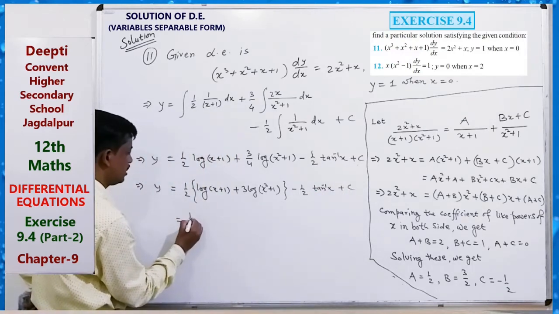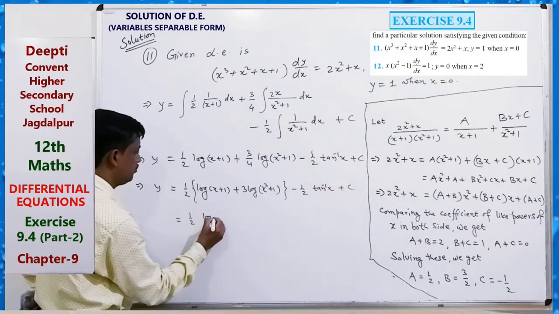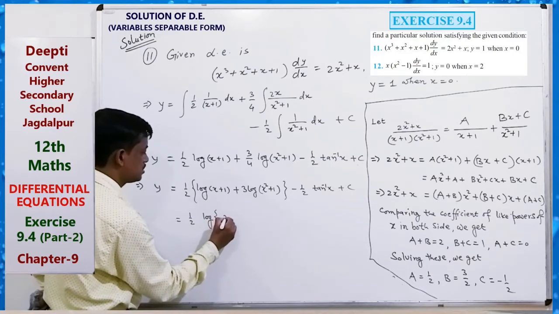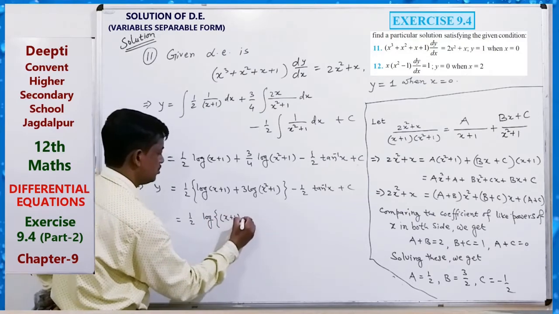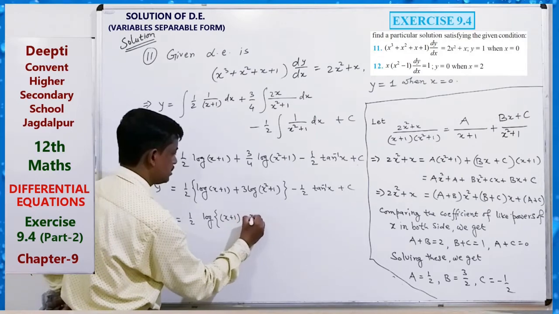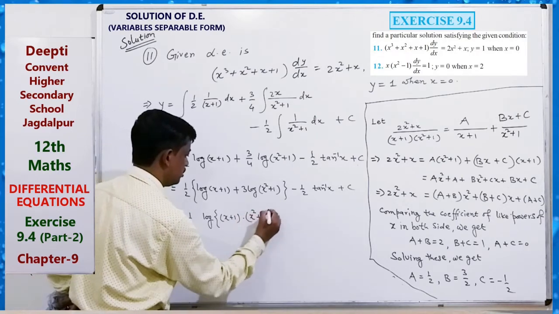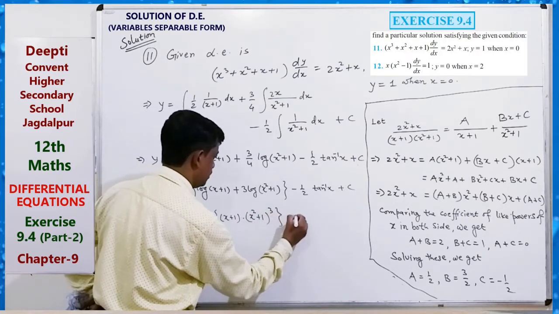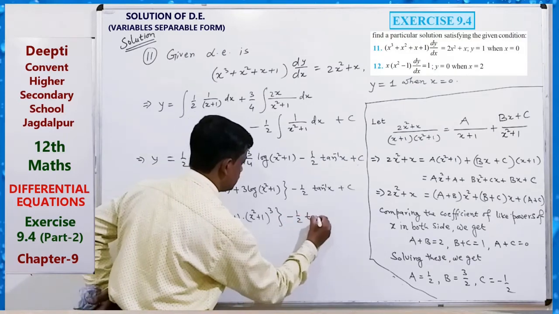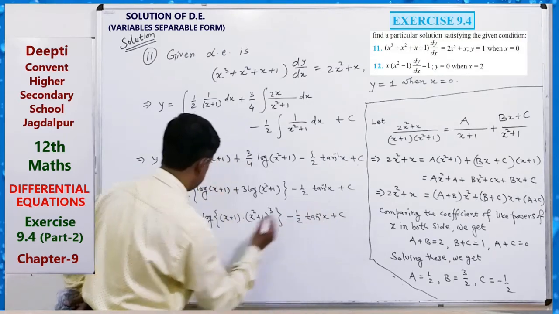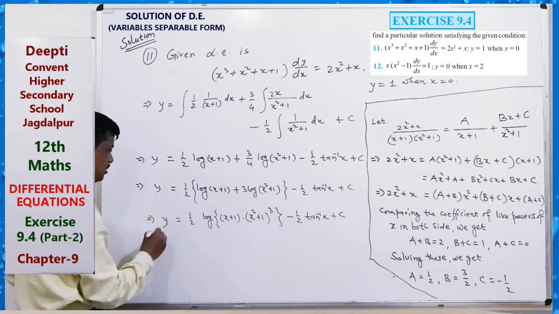Just we can also write it as log of x plus 1 into x square plus 1 to the power 3, minus half tan inverse x plus c. We can write. Clear?